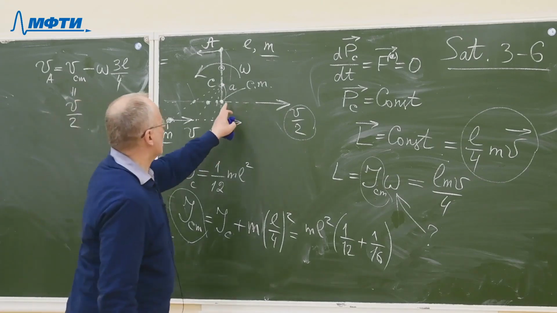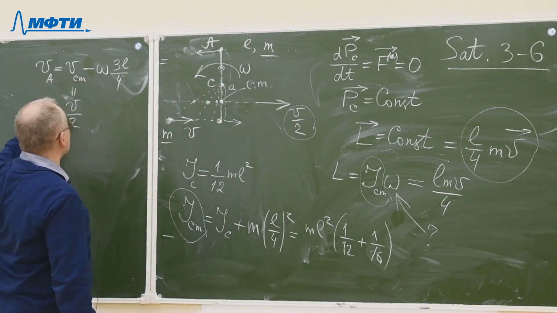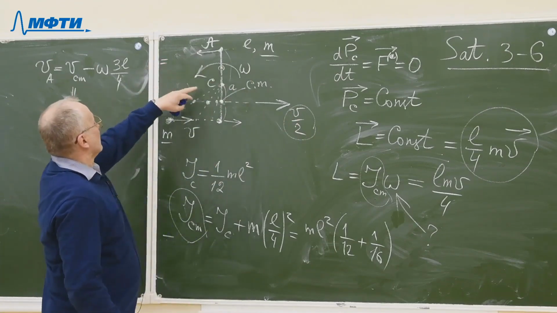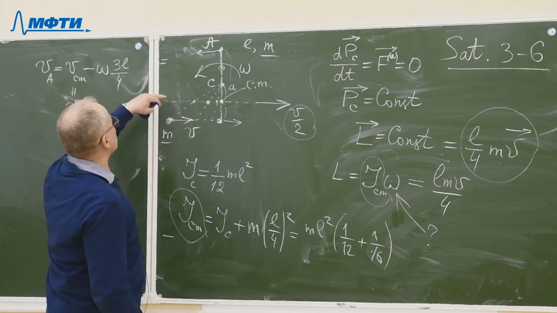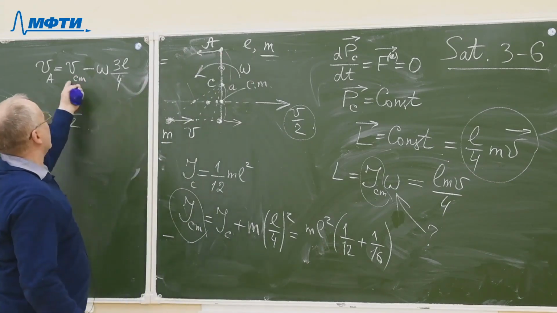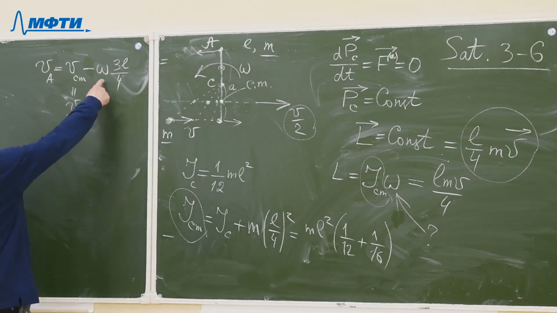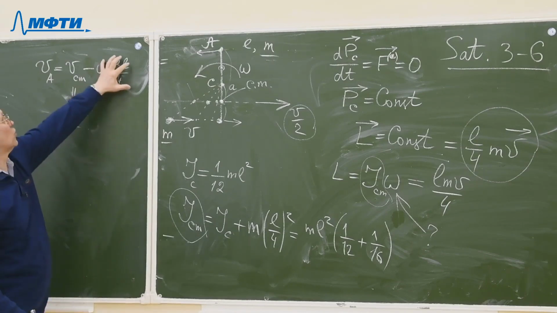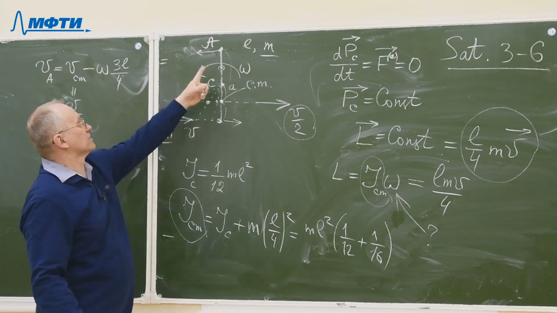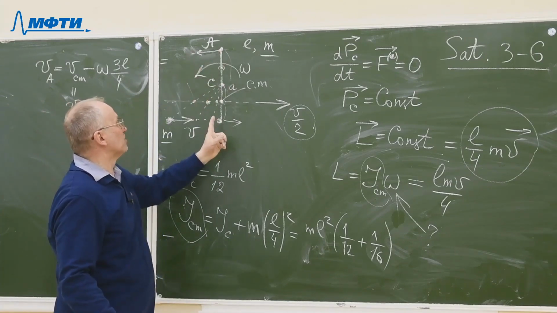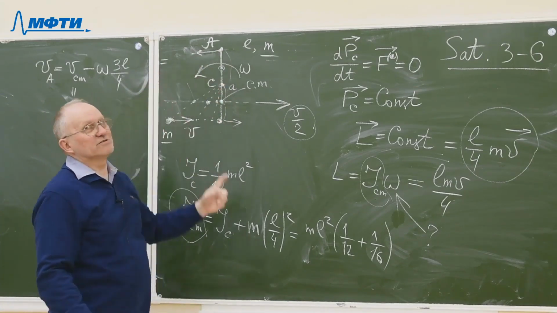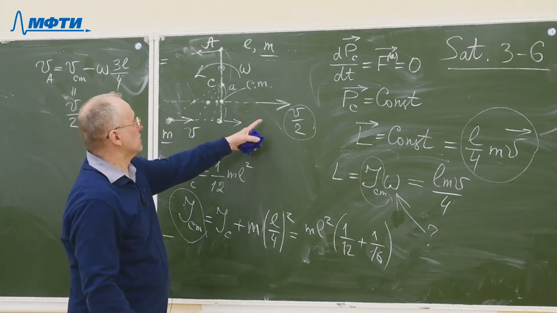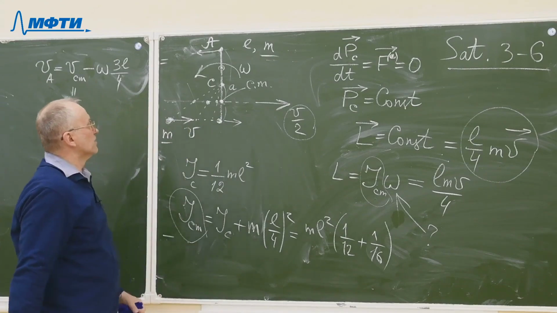If this velocity of the center of mass, v over 2, is positive, if we assume that this is the positive direction for velocities, then the velocity due to rotation of point A will be negative. And when you substitute all the found values here, you will discover that the second term is larger than the first term, and actually the velocity of point A at the first moment after the impact will be directed in the opposite direction, opposite to the initial velocity of the body.